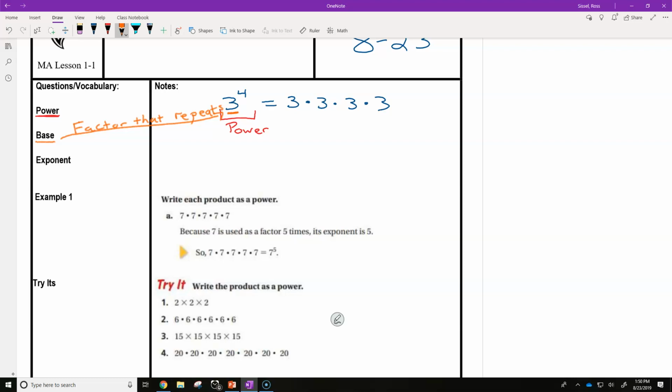So my base is whatever that factor is that is being repeated. 3 times 3 times 3 times 3. 3 is being repeated. That is my base.